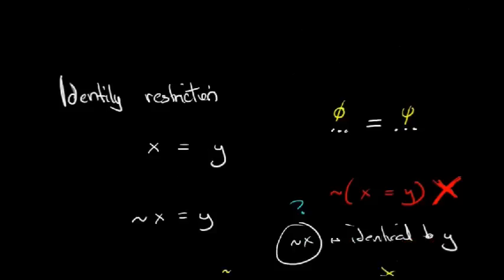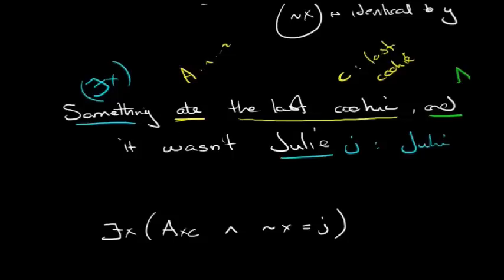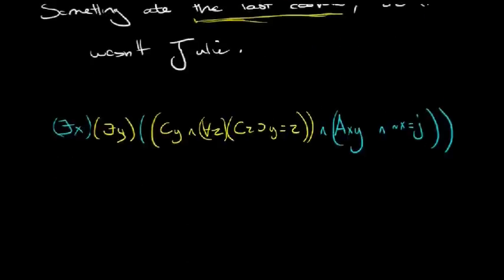We had something ate the last cookie and it wasn't Julie, and we said there exists an x such that x ate the last cookie and x is not equal to j. So all that is now just the blue bits that we've got down here. That's just this bit: there exists an x such that x ate y and x does not equal j. And what we've done is we've added in something extra to show what y is. It is just one thing, and it's the last cookie. That's what we've implanted there.